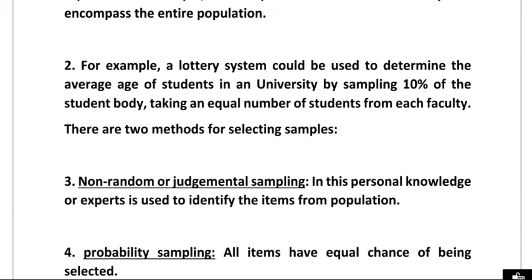That means we can take 10% of students from each class or from each faculty. So this becomes the sample, because to determine any result from the entire college will not be possible. You cannot interview each and every student of the college. So we have to collect the sample from each class, and we can take the opinion like this.